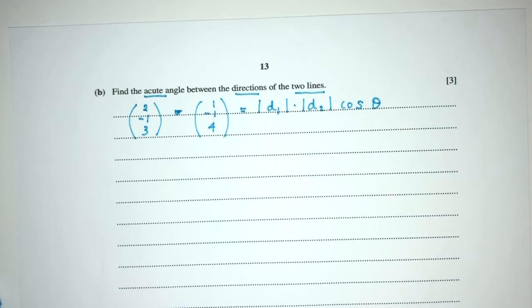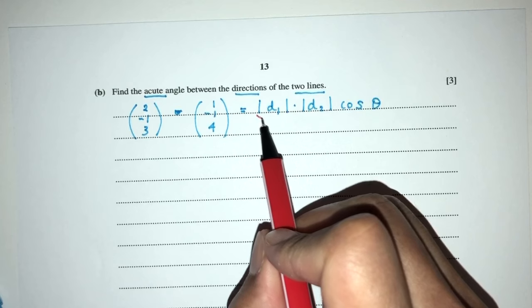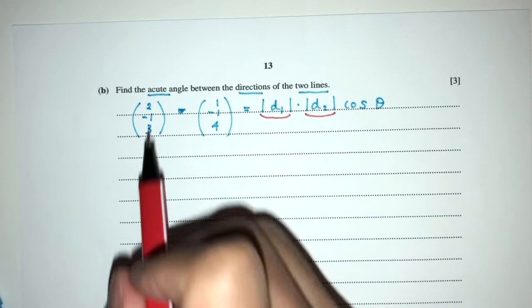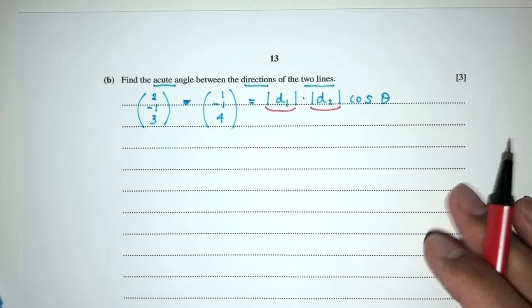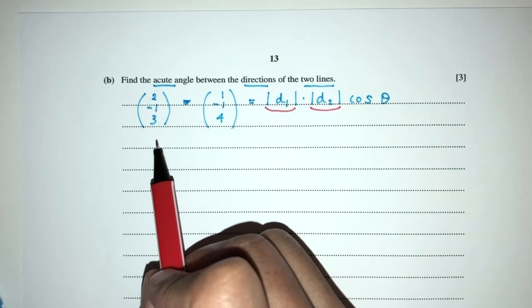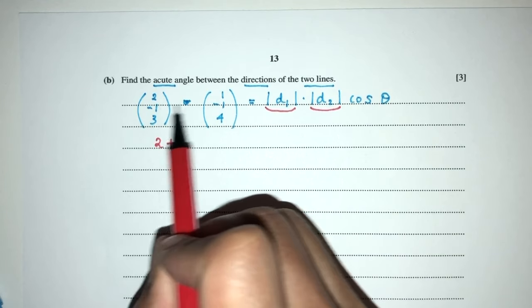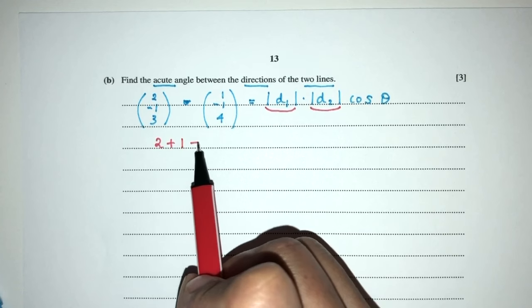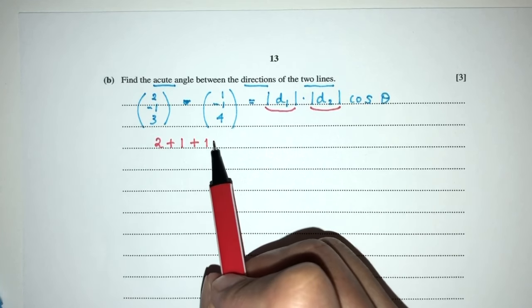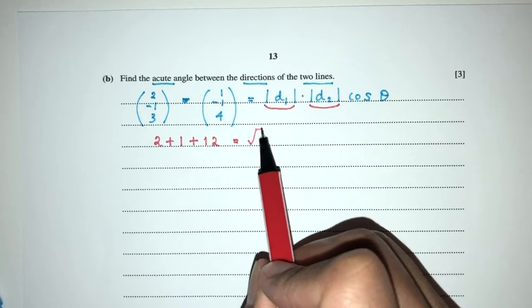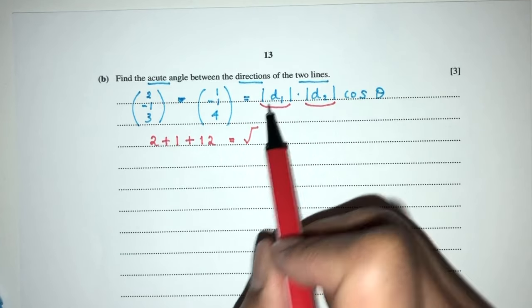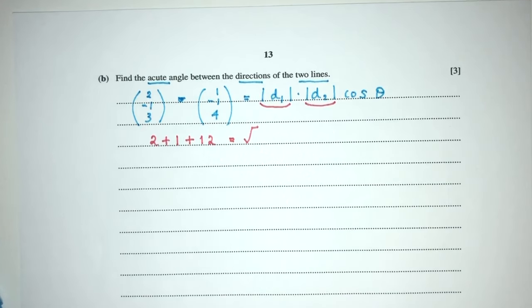So this is the magnitude of those two. So let's find those values as well, right? So first we have to perform the scalar product. So 2 times 1 is 2, plus minus 1 times minus 1 is 1, plus 3 times 4 is 12. And that will be what? This will be the magnitude of the first one. That should be, let's find out.